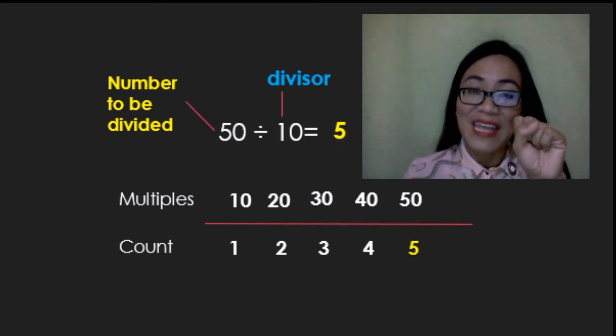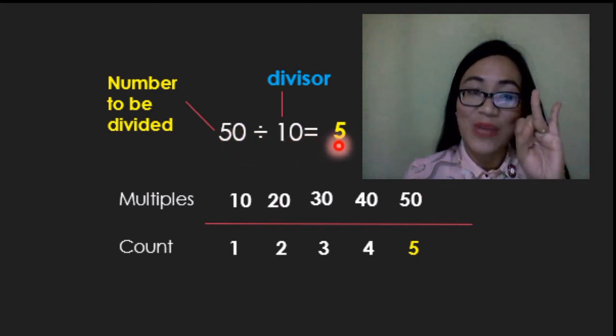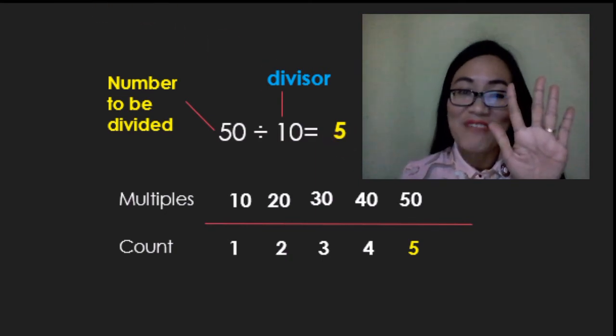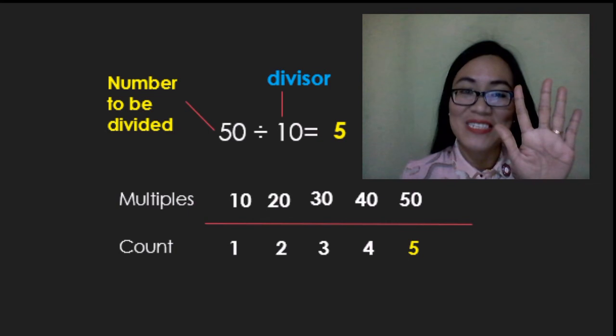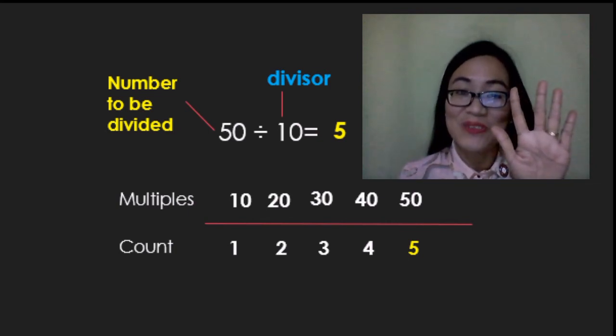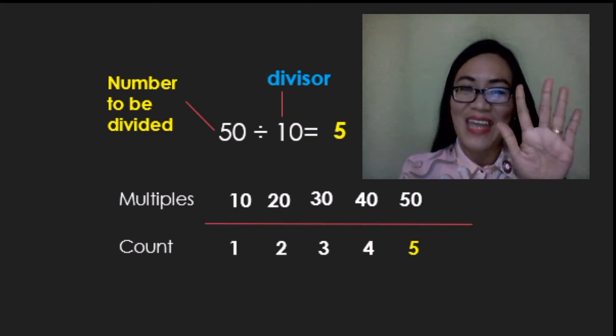As you count by 10, you have to raise your finger. 10, 20, 30, 40, 50. How many fingers did you raise? There are 5 fingers. So therefore, 50 divided by 10 is equal to 5. Excellent.